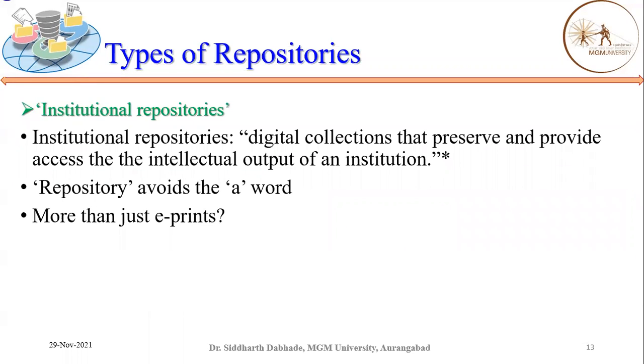So the institutional repository is very famous, and nowadays it has become very popular, and every institute wants to develop its own repository. That repository is nothing but the institutional repository. Within that, we store the digital collection of preserved data, or the intellectual output of the institution.